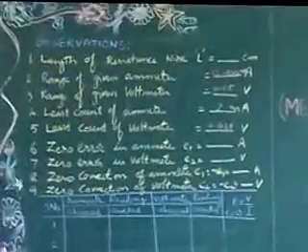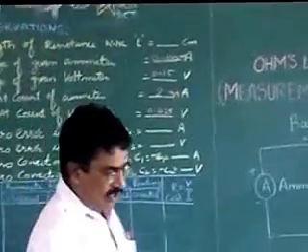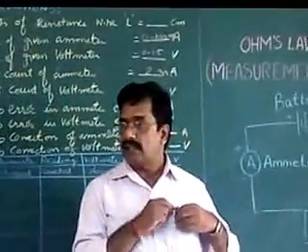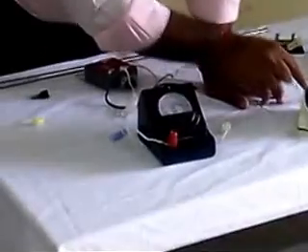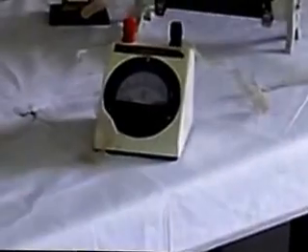Okay. Now, zero error of the ammeter. What is meant by zero error? Whenever current is not flowing through the ammeter and voltmeter, the needle has to show exactly zero. Just see closely here, you will find that this needle is at zero, and this needle is also at zero. It means there is no error. Sometimes it will show either to the right side of zero or the left side of zero.